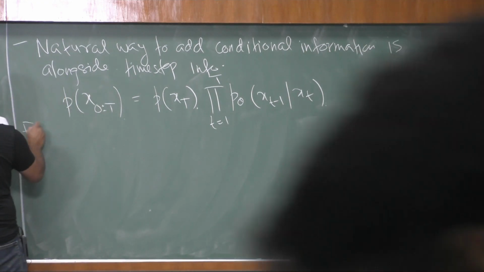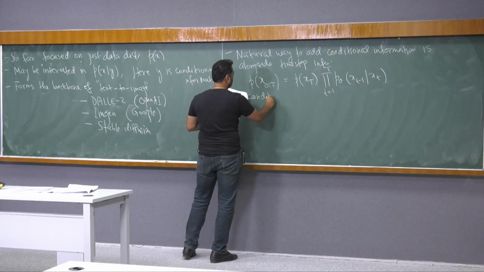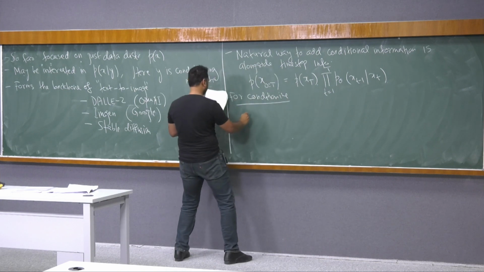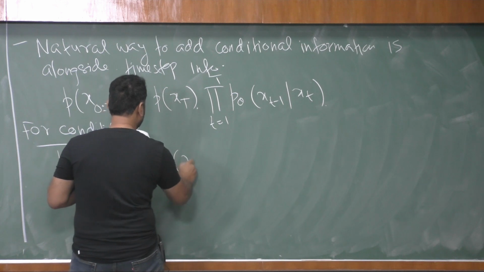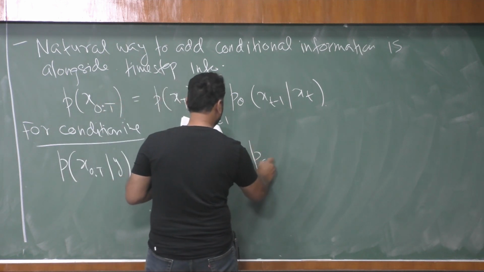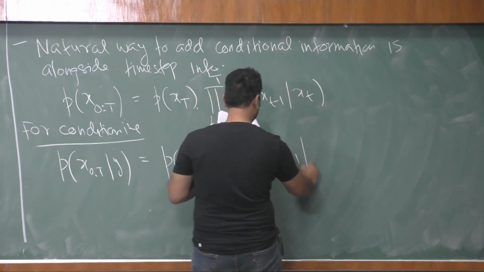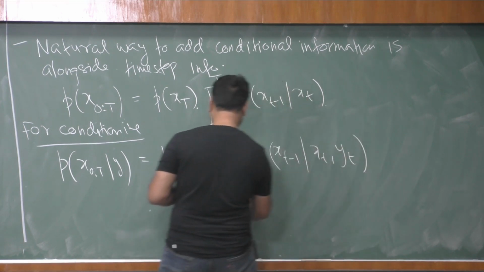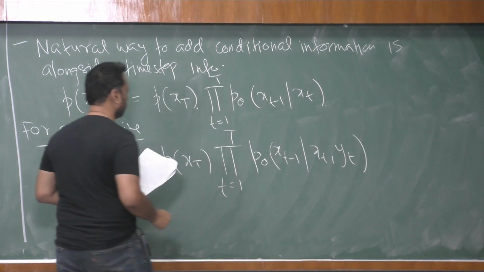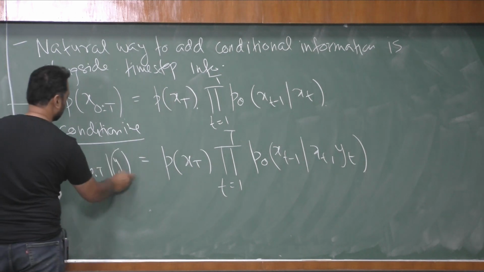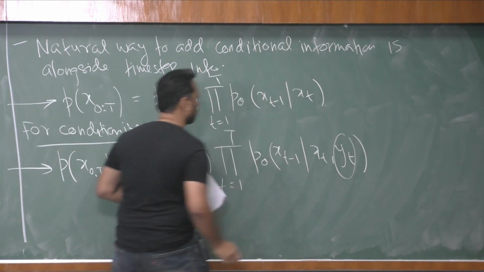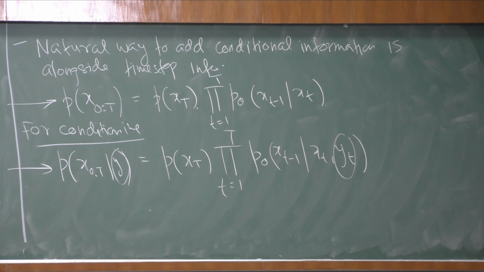So for conditioning we put a y: x0 to t and y, with probability of xt, and p theta of xt minus 1 given xt, y, t, for t equals 1 to capital T. So this is the change compared to what we had before: the additional y that we put in everywhere to condition the generative task.